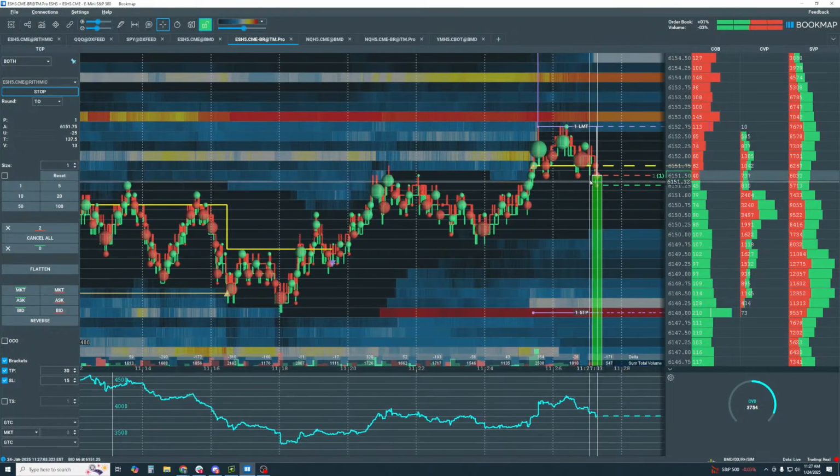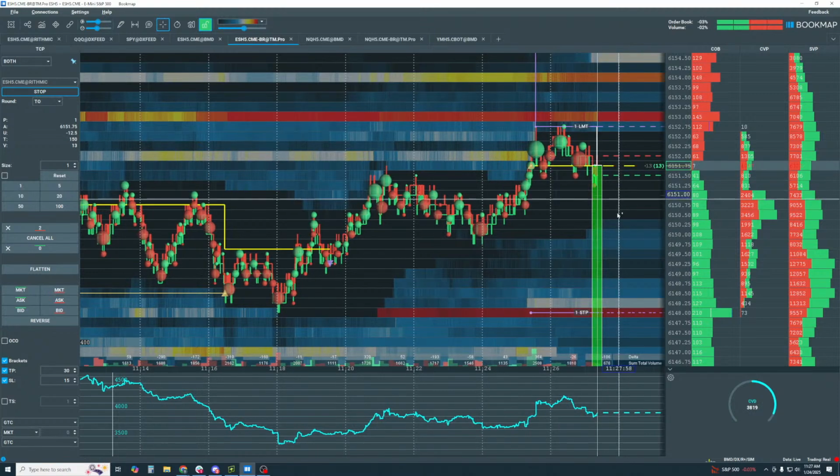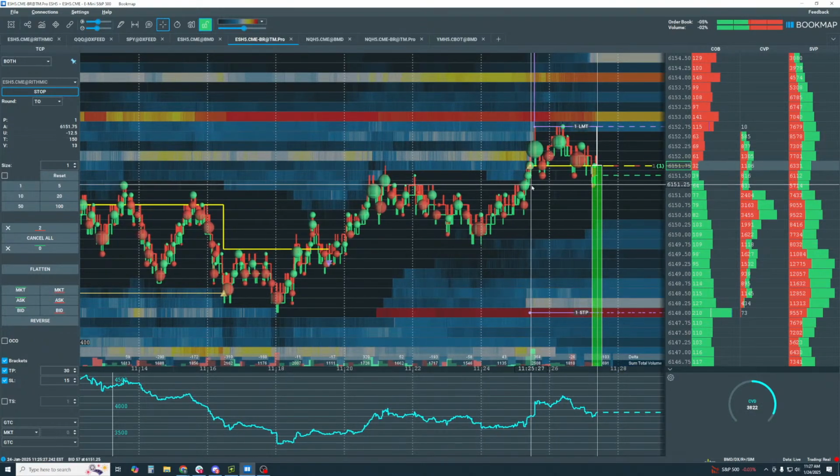All right, so if we don't see a move back up here by buyers, then we'll exit this one as well.